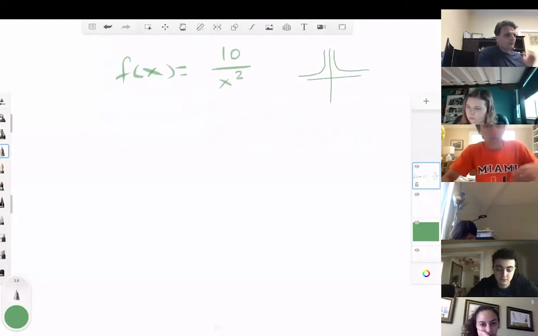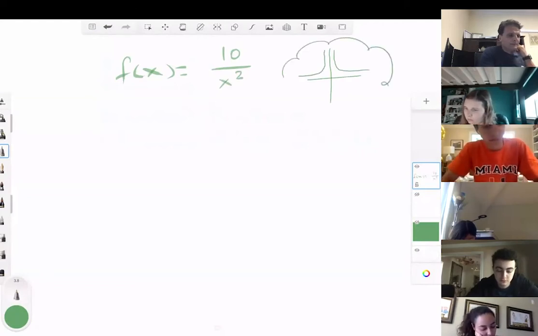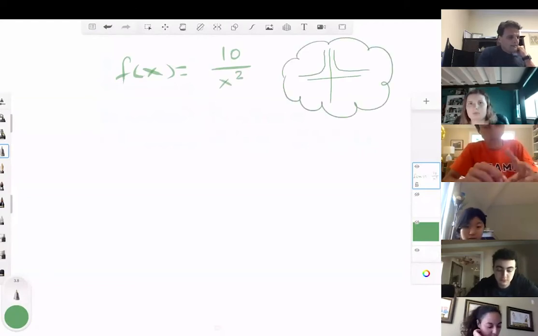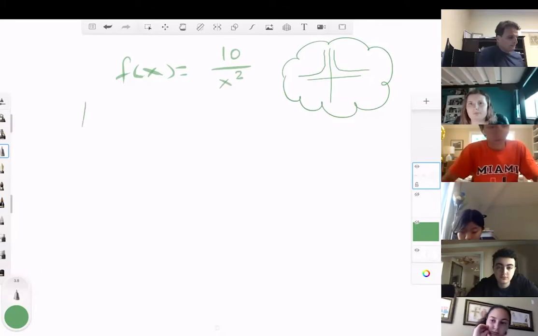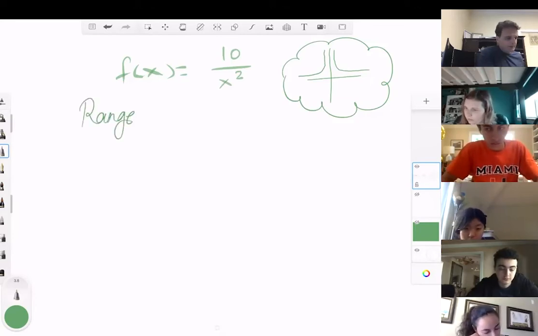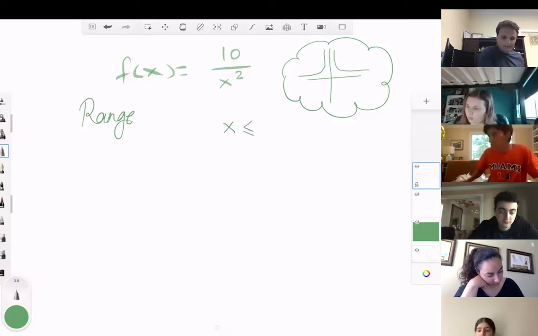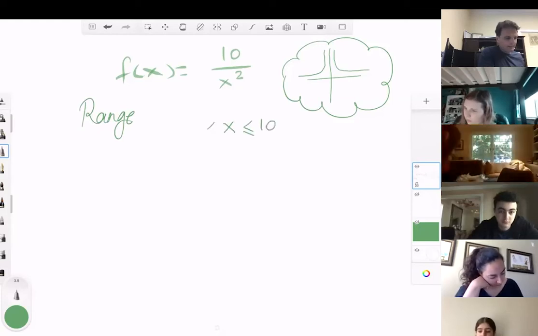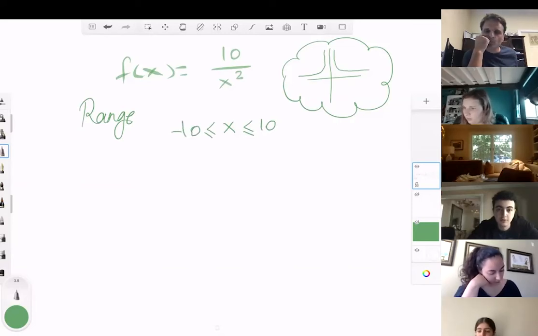But we don't need it if they give us the graph. And they are looking for the range, but they give us the domain. X is between 10 and negative 10. Is this correct? Yeah.